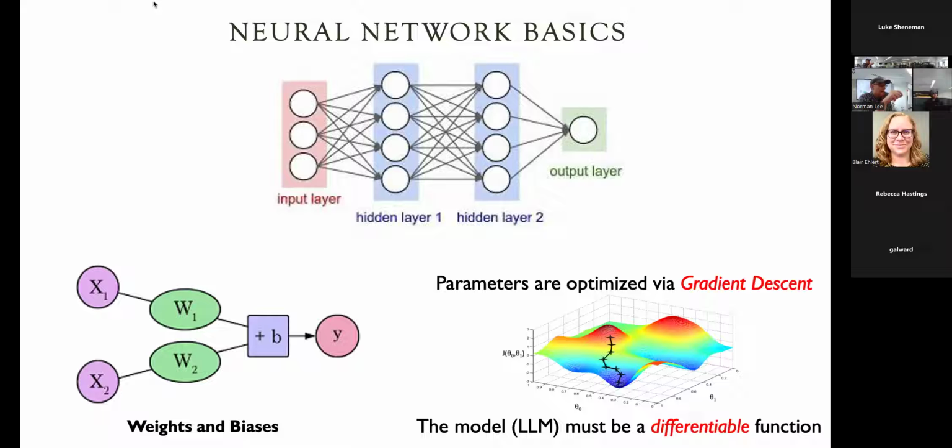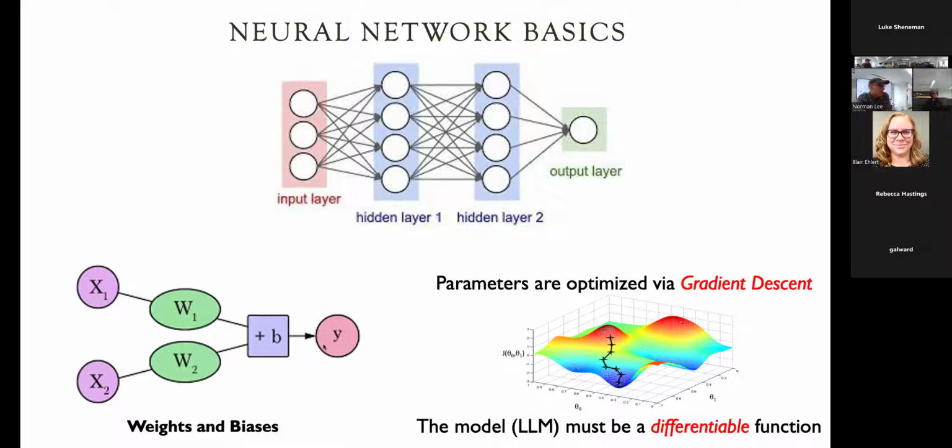A weight is just a trainable parameter. Every edge has a weight, and every neuron has another trainable parameter that we call a bias. If you look down here in the lower left section, you see two neurons, X1 and X2, that are ultimately connected to a neuron Y. Each connection has a weight, weight 1 and weight 2, and then Y has another trainable parameter that we call a bias.